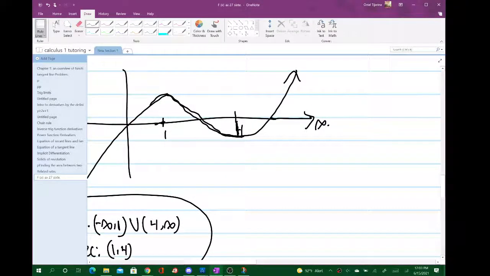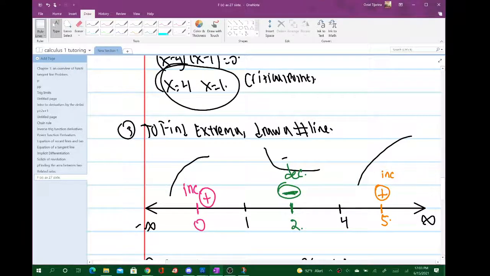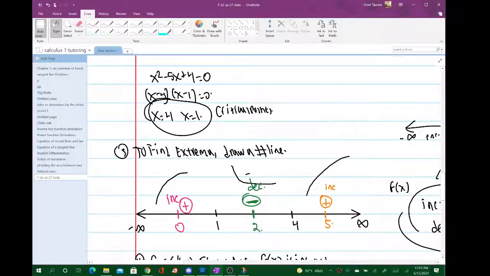So if it is increasing from negative infinity to 1 and then decreasing, that means there's going to be a maximum.